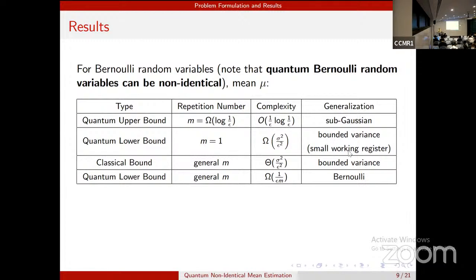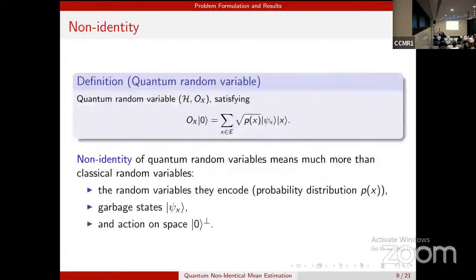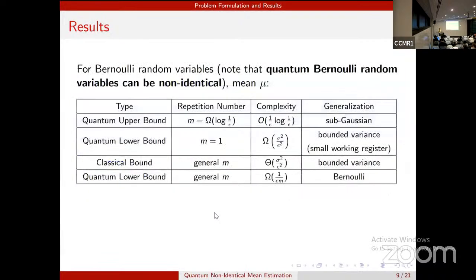We note that for classical random variables, as long as the mean mu is fixed, the whole classical Bernoulli random variable is fixed. They cannot be non-identical. But for the quantum case, they can, because we still have other resources of non-identity.